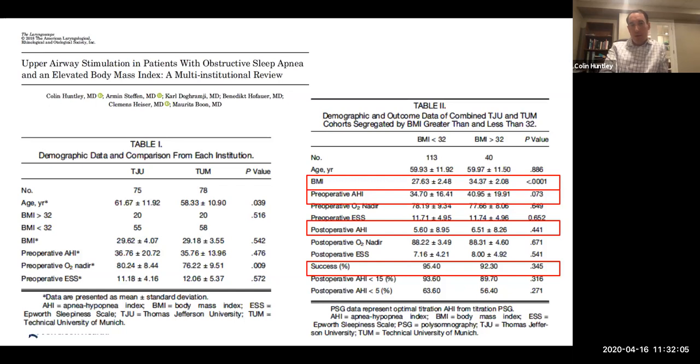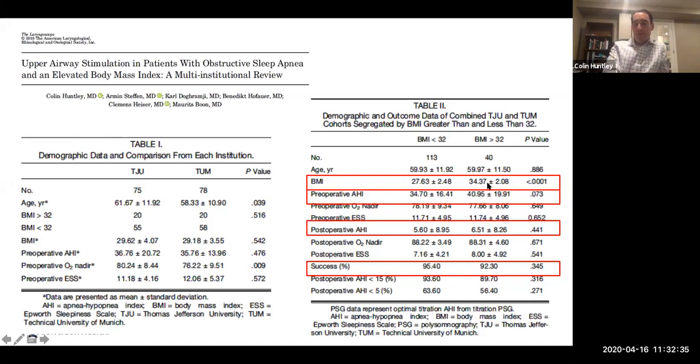This was a paper we put out with some colleagues from Germany, and we looked at TJU as Thomas Jefferson University, TUM is Technical University of Munich, and that's where Clemens Heiser is. And so we compared our two cohorts a couple of years ago, and we saw very similar cohorts at baseline. And when we're looking at the outcomes, splitting these into a BMI less than 32 and greater than 32, we chose 32 because that was the cutoff in the United States at that time.